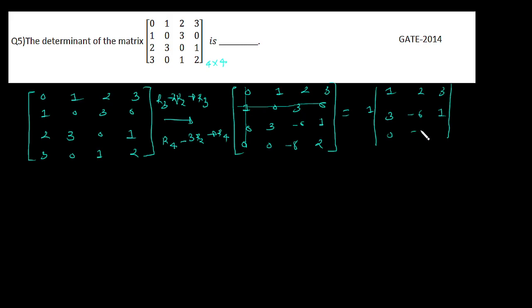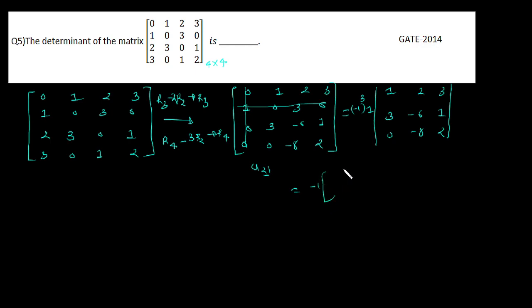So let's write here 0, minus 8 and 2. But now we have to multiply it with the sign factor, which is minus 1 raised to i plus j, where i and j are the indices of this element, which corresponds to a 3 1. So here we get minus 1 raised to 3, because we have to add these two values. So in the output we get a minus here.